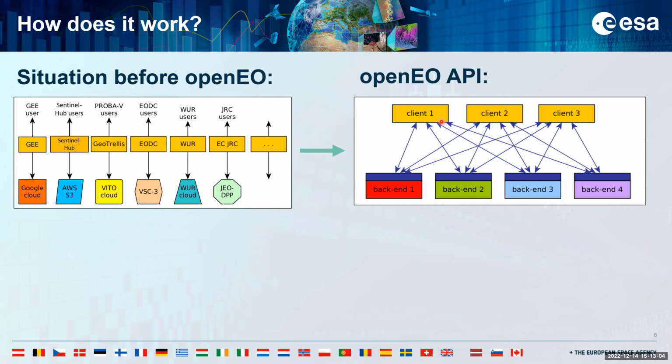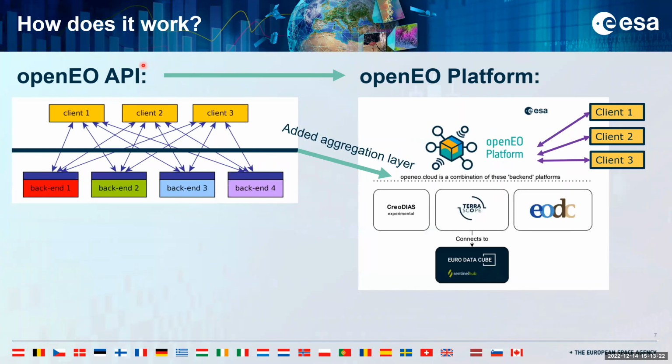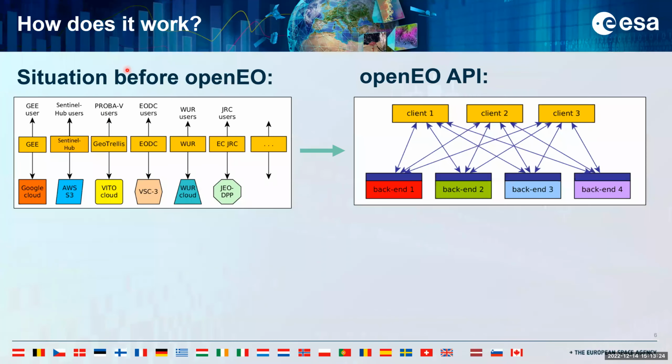It has been proven also that you could define something in OpenEO API and run it on Google Earth Engine, for instance. Or you define the same analysis and it runs on various backends. That's the background of OpenEO. And that was actually the Horizon 2020 project, which was led by TU Wien.